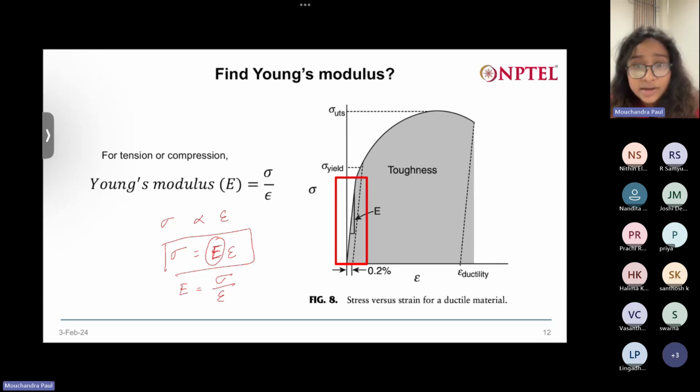If you're not given any values except this graph, with some numerical values given to you, and you are asked to calculate the E value, then you just have to take the slope of this particular linear region. That will also help you get the Young's modulus value. Or if you are given the values of stress and strain, you can take a ratio of it and get the Young's modulus value.